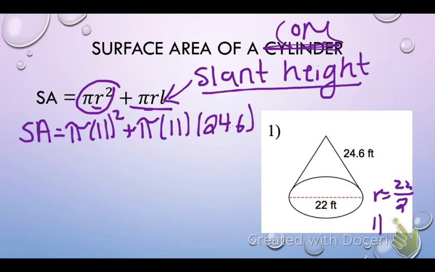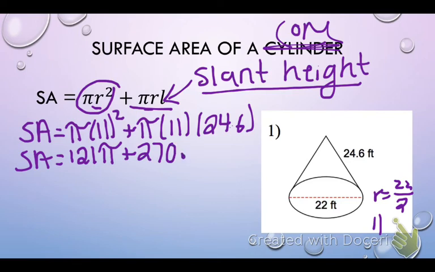I'm going to keep working this out. So surface area equals 11 squared is 121 pi plus, we're going to multiply 11 times 24.6, which is 270.6 pi. If you think back to combining like terms, we have a pi and we have a pi. So we can add the numbers in front of the pi's, because they are like terms.